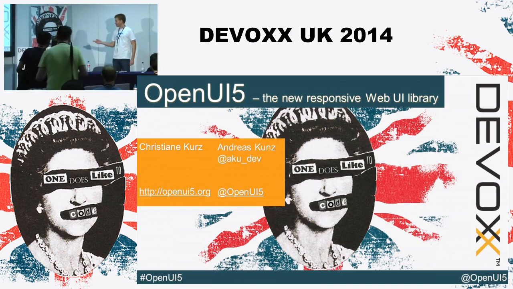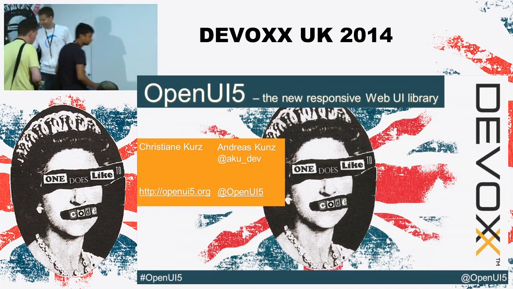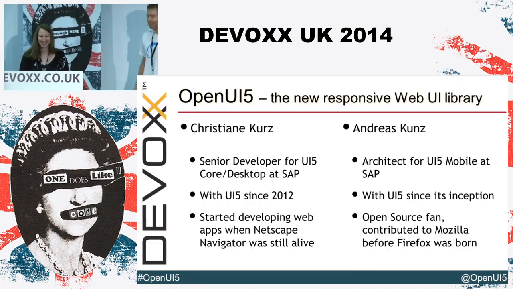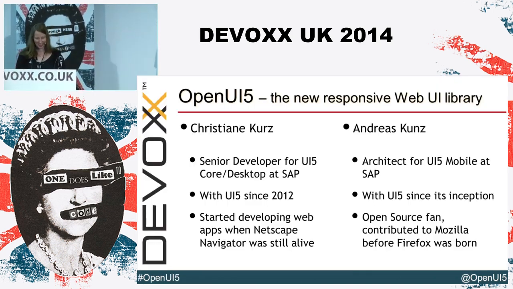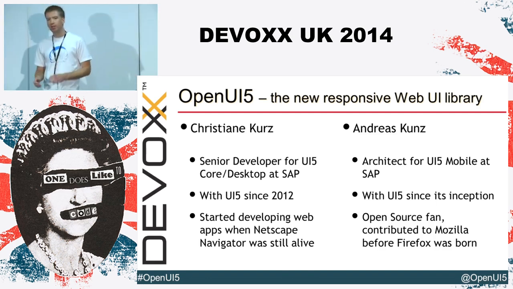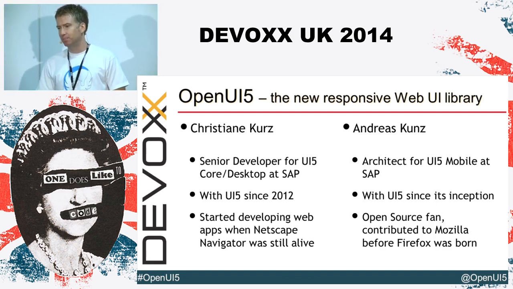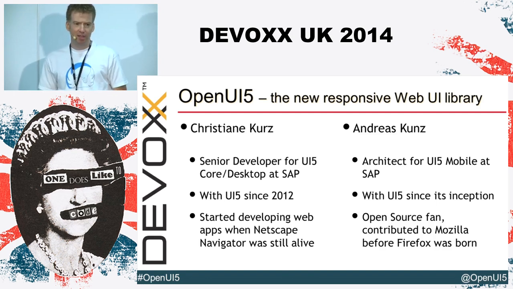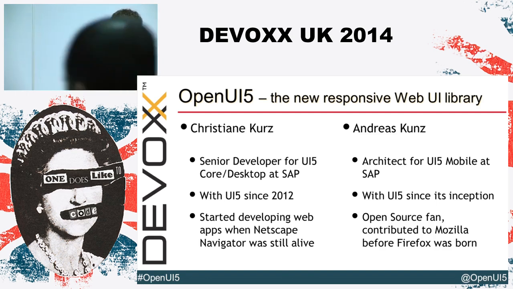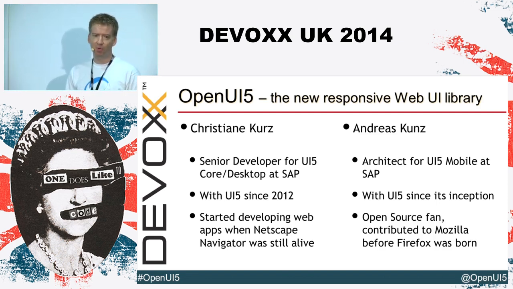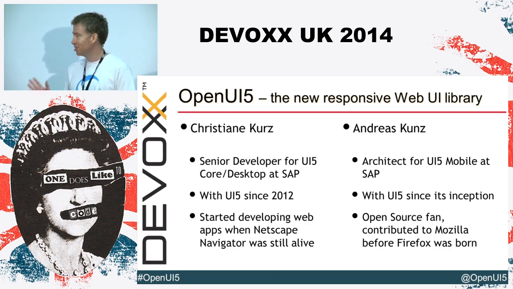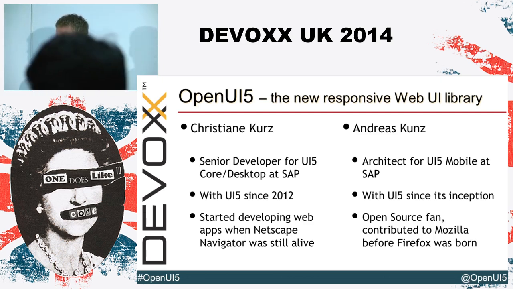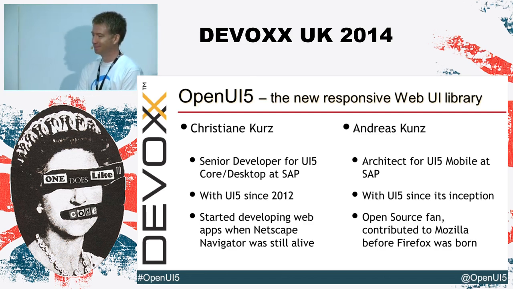So this is my colleague Christiane, who has been working on UI5 for about 2 years. But she's been doing web development for an eternity, since the year 2000 when Netscape 4.7 and Internet Explorer 5 were still around. So a lot of web development experience here. Yeah, thanks for making me look that old.